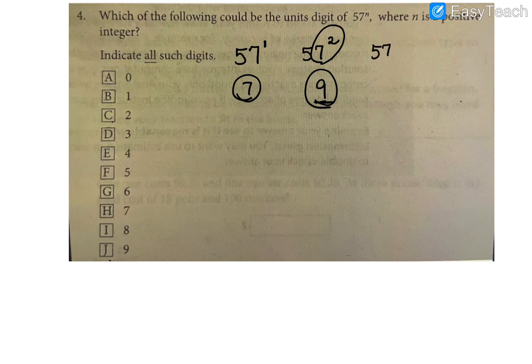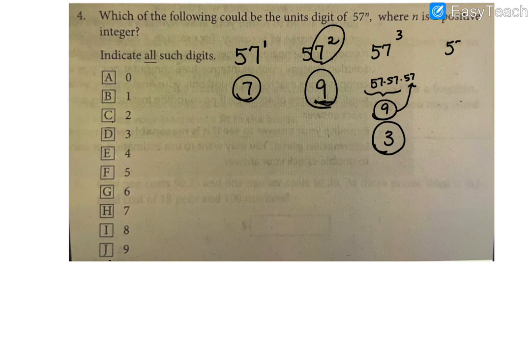When I go to 57 cubed, remember that you're just building on what you had, so I can think of this as 57 times 57 times 57, and if the first two produced a 9, then just look at that last answer times a 7 again, and 9 times 7 would give you a 3 in your ones digit.